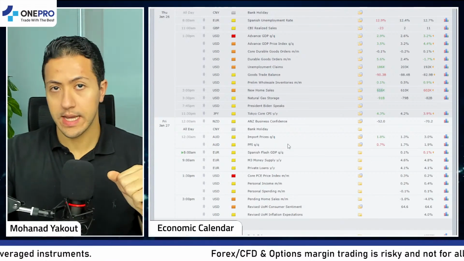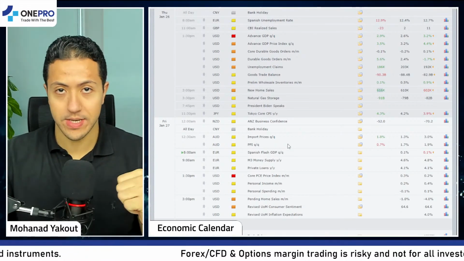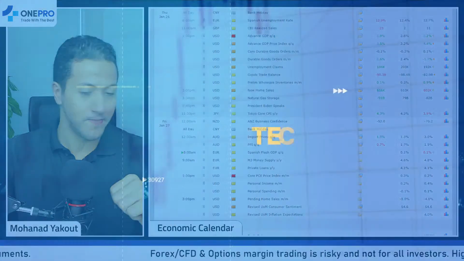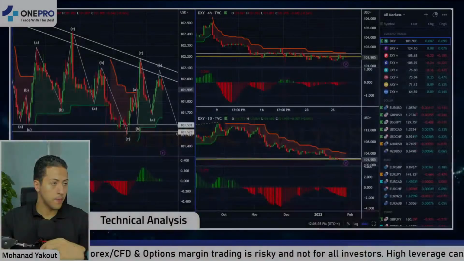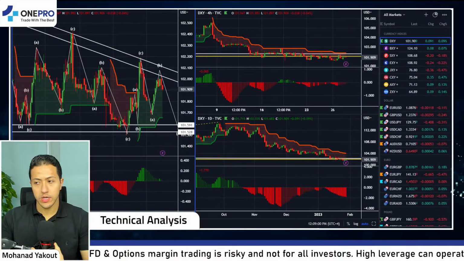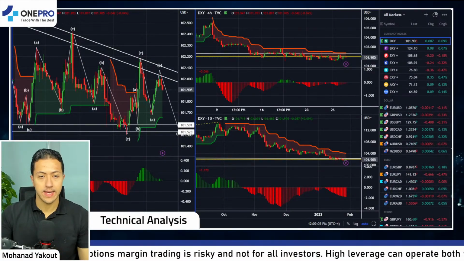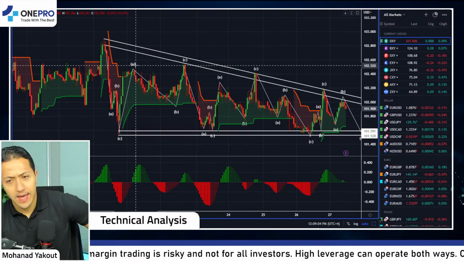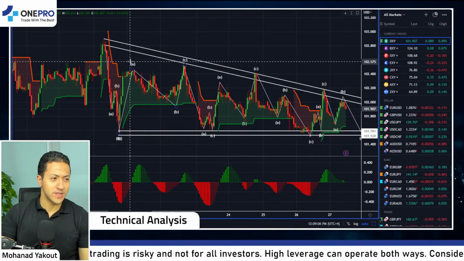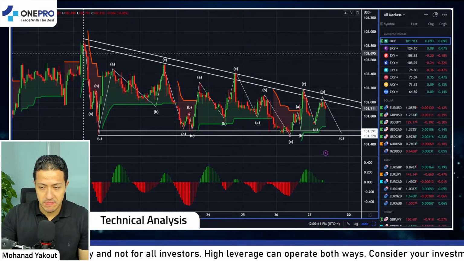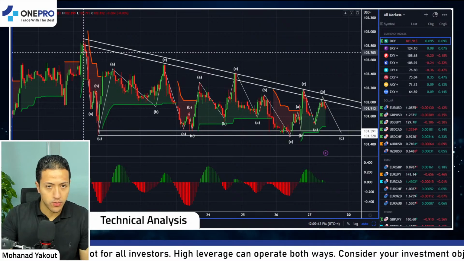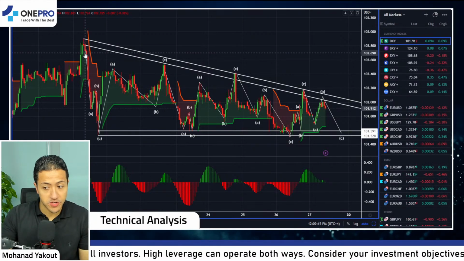Let's have a look at the technical analysis, where we have a lot to say today. Starting off usually with the dollar index. The dollar index has been trading in a very poor sideways range during the past week, roughly, since the 18th of January.